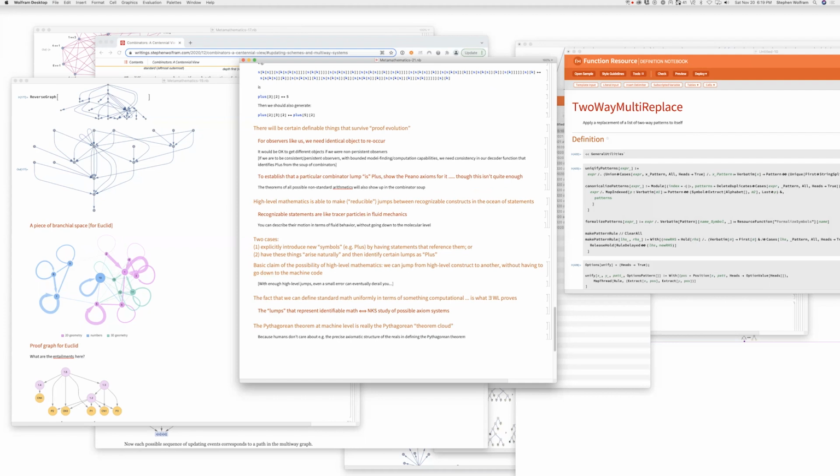So the issue then is whether, as you go and do things on the basis of the Pythagorean theorem, do you get shredded? Does that thing that seemed to be just the Pythagorean cloud wind up all going to the same place, or does it get shredded into lots of little pieces?